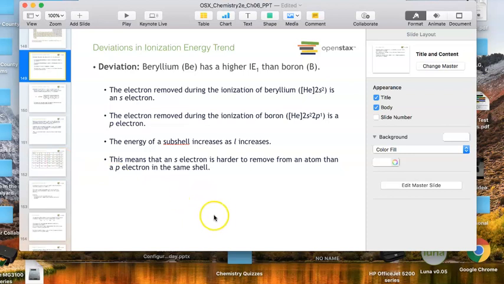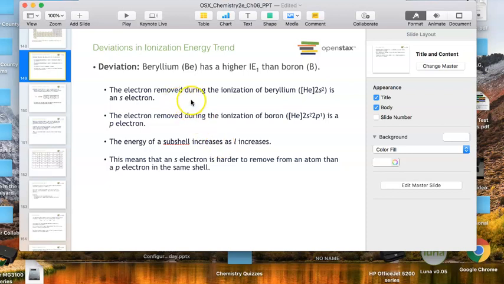All right, so here we see deviations in ionization energy trends. Beryllium has a higher first ionization energy than boron. Here they're trying to explain why.